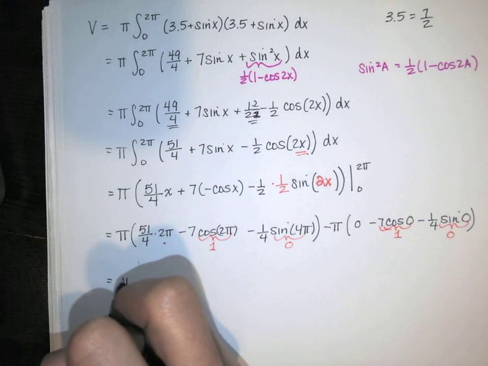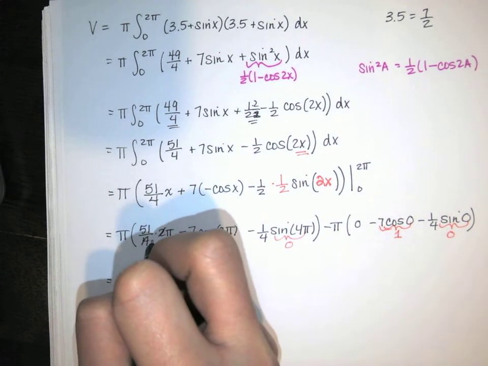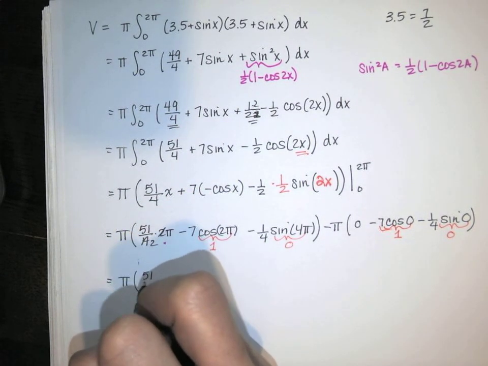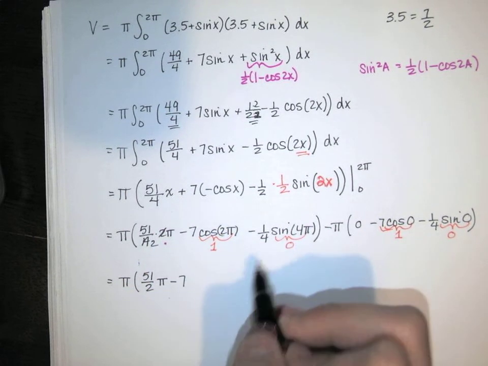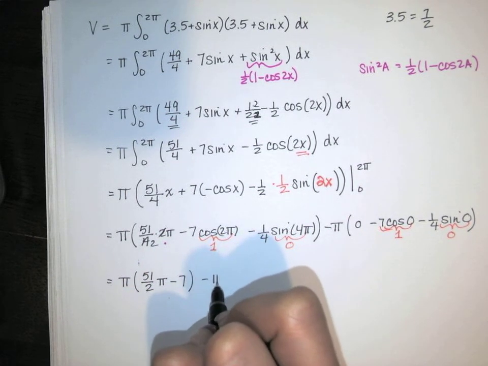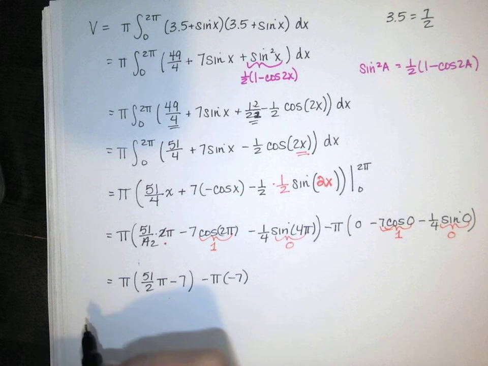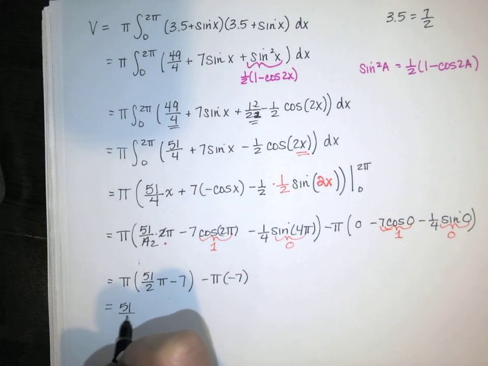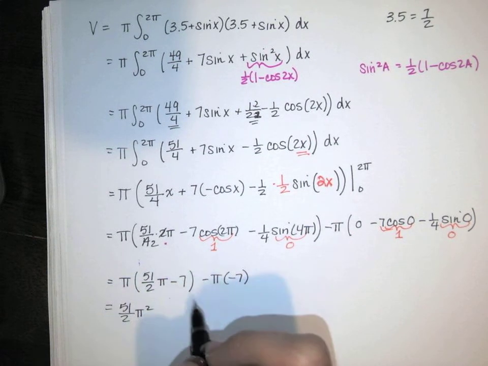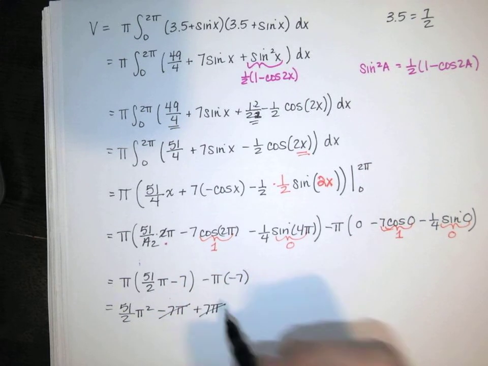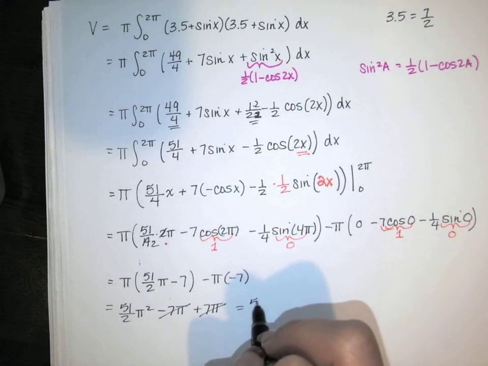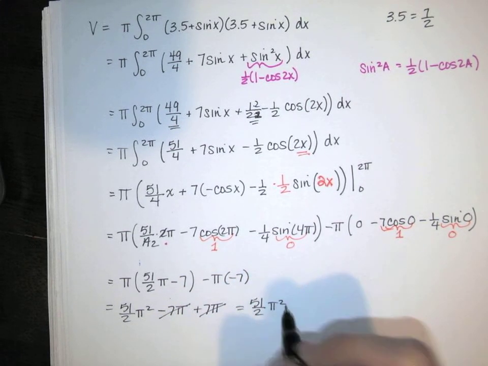I've got pi times, 2 goes into 4 twice, 51 over 2 times pi minus 7 minus 0 minus pi times negative 7. So I end up with 51 over 2 times pi squared minus 7 pi plus 7 pi. The 7 pi's reduce, and we get 51 over 2 times pi squared.